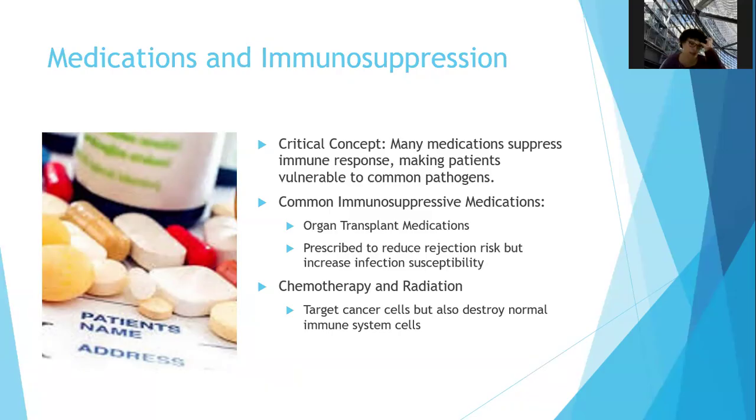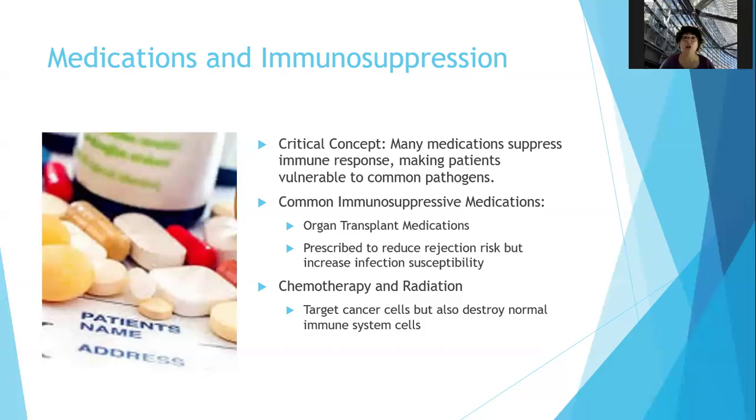There's a whole class of medications to treat a lot of different autoimmune disorders, like Humira, which is used to treat rheumatoid arthritis and a lot of other autoimmune conditions, and those are immunosuppressant medications. So the immunosuppressant medications are prescribed to reduce rejection risk or to diminish autoimmune responses, but they increase susceptibility to infection. So watch those drug ads on TV and figure out which ones are immunosuppressants.